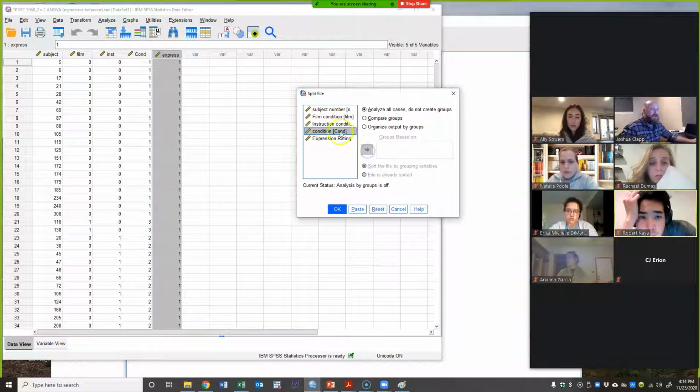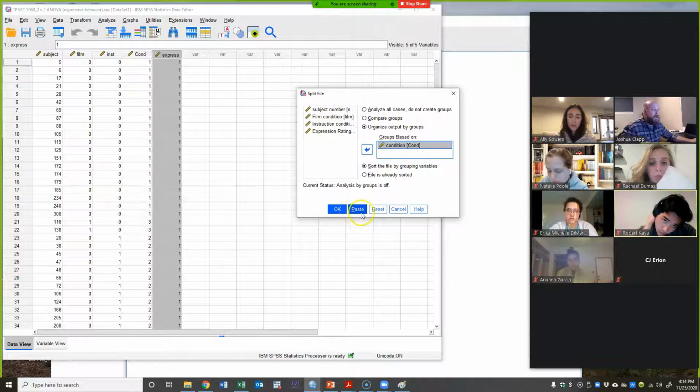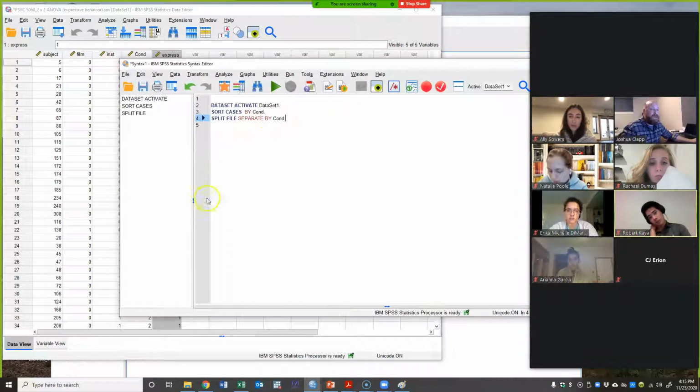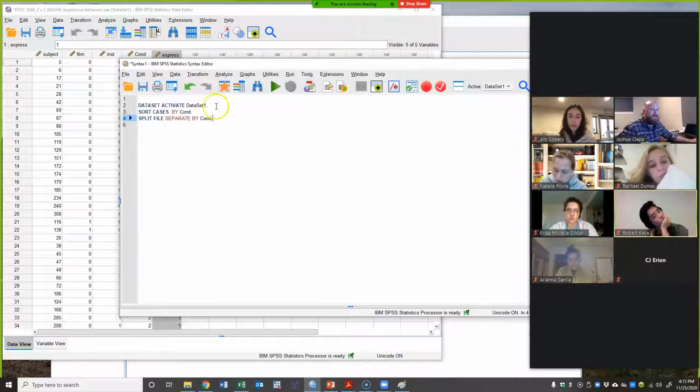I'm going to say condition. Organize, compare by groups. Select condition, move that over, and hit paste.